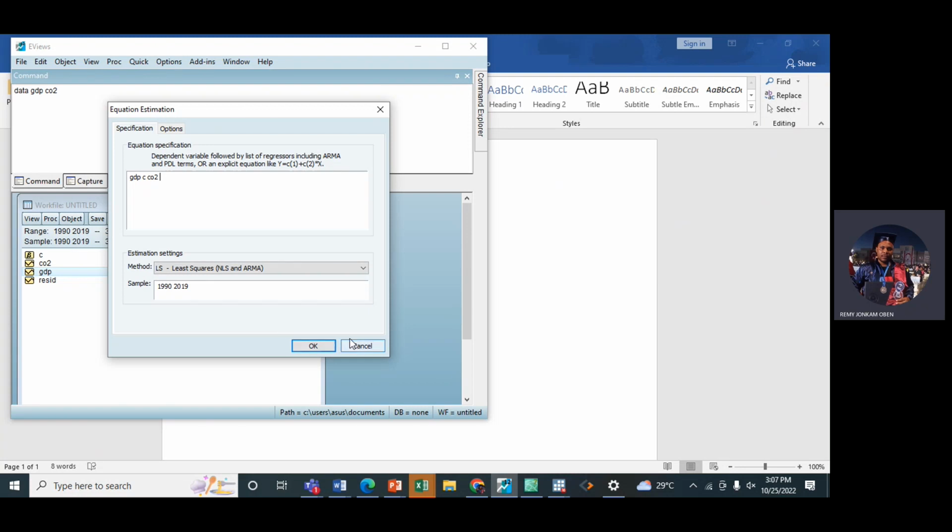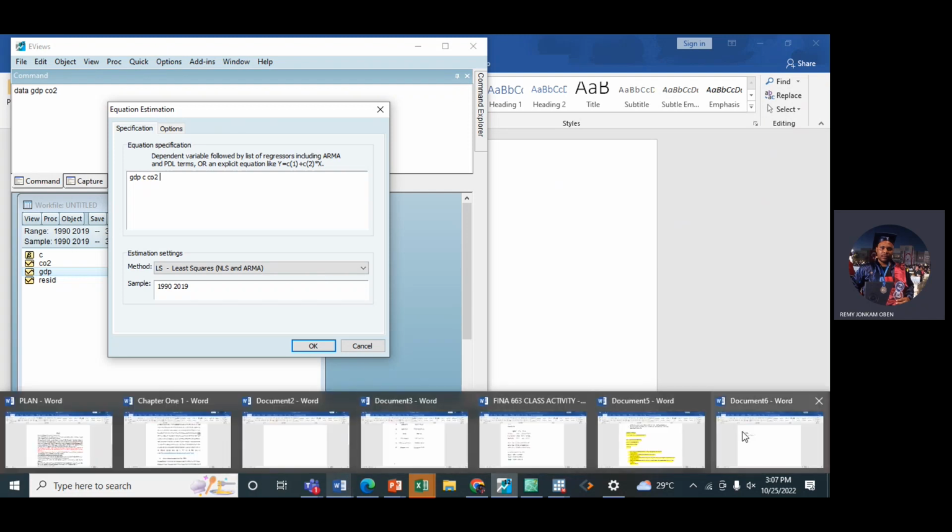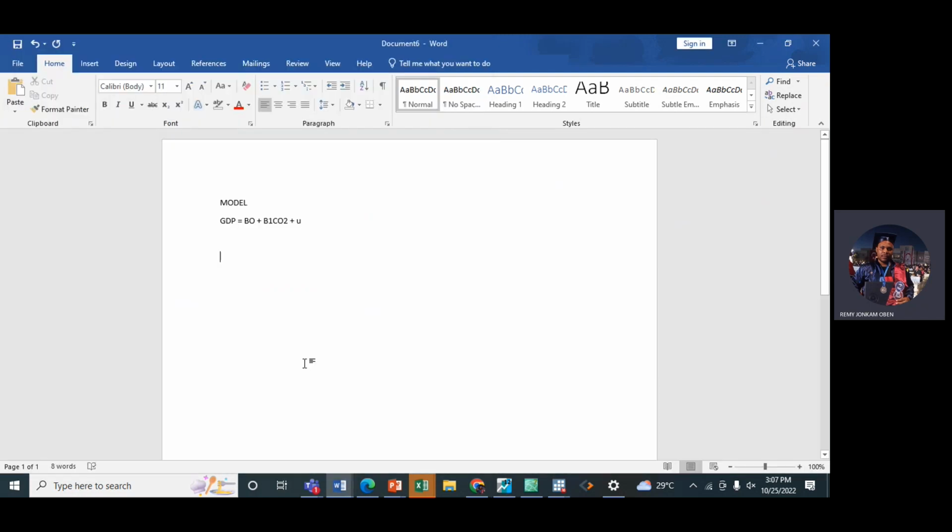That's all. Now, EViews is doing this estimation using a technique called ordinary least squares, abbreviated OLS.